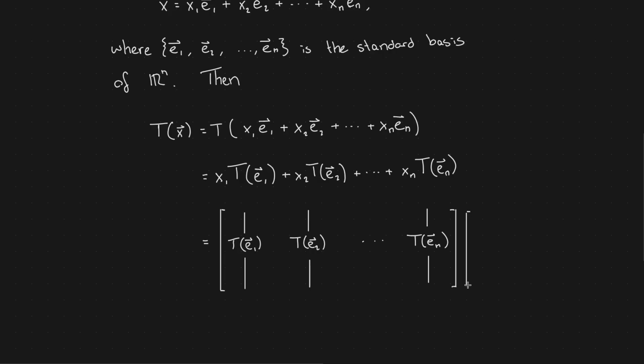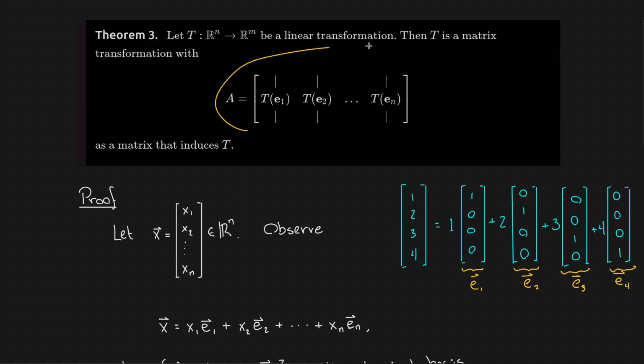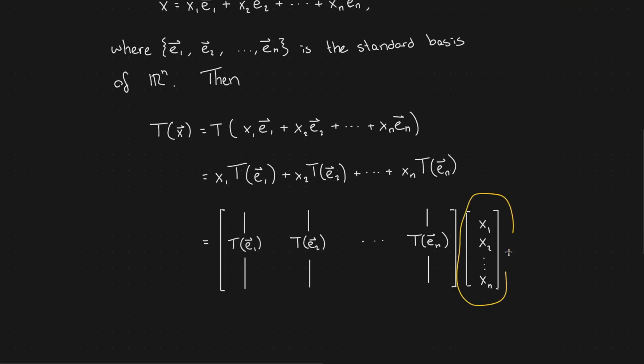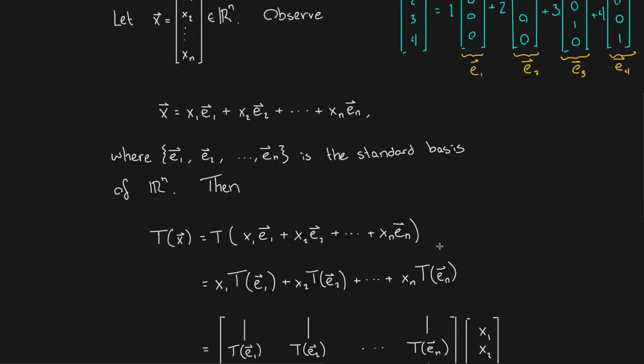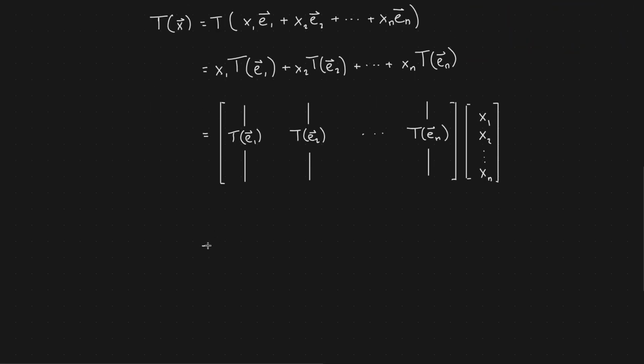And the vector has components x1, x2 to xn. But this matrix here was just the matrix A mentioned in the theorem. And the vector with components x1, x2 all the way to xn is just the vector x that we started with. And so we can write this as matrix A times vector x.